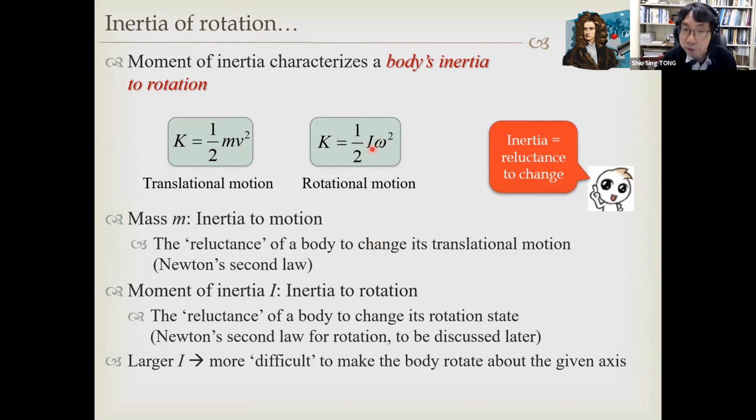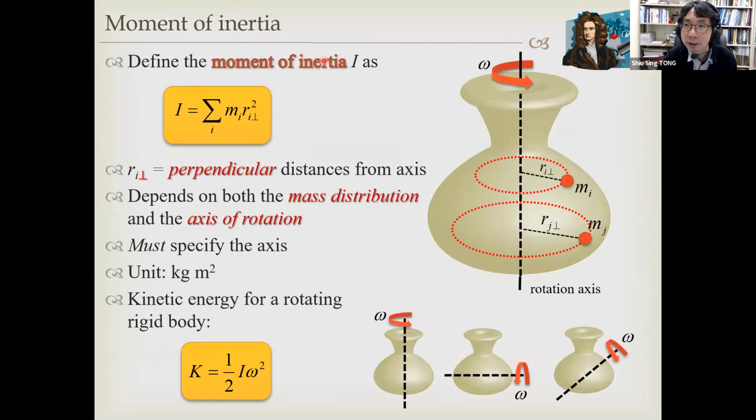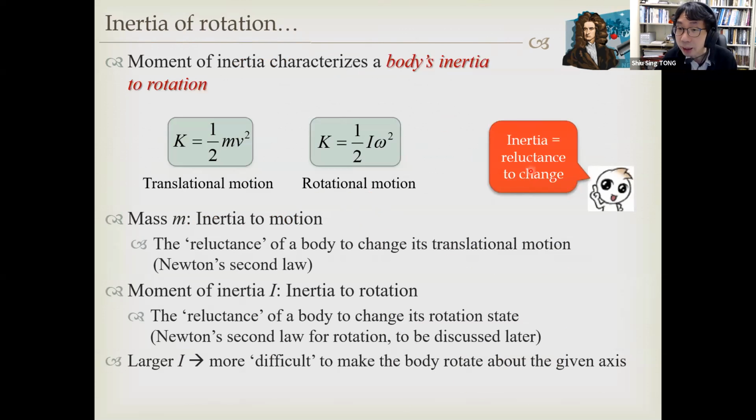Why do we call this quantity I the moment of inertia? Why do we call it inertia? Because it is a kind of reluctance for a body to change its state of motion, just like the mass.